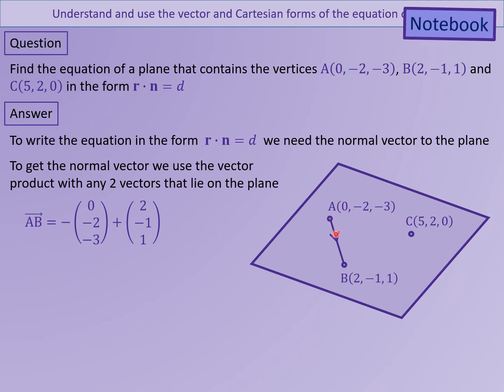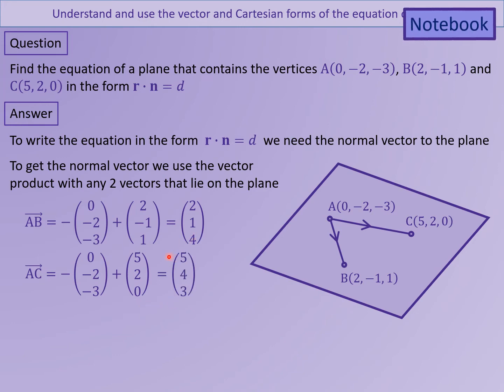We're going back down A, so it's minus the A value plus the B value, which gets you 214. 214 is a vector that definitely lies on the plane. Now you could do AC or BC, it doesn't really matter, so I'll choose AC, plus the 520, which gets me 543. So there are 2 vectors that definitely lie on our plane.